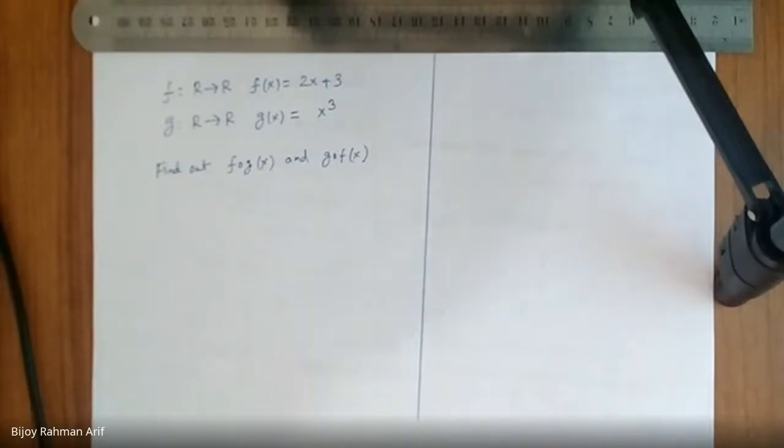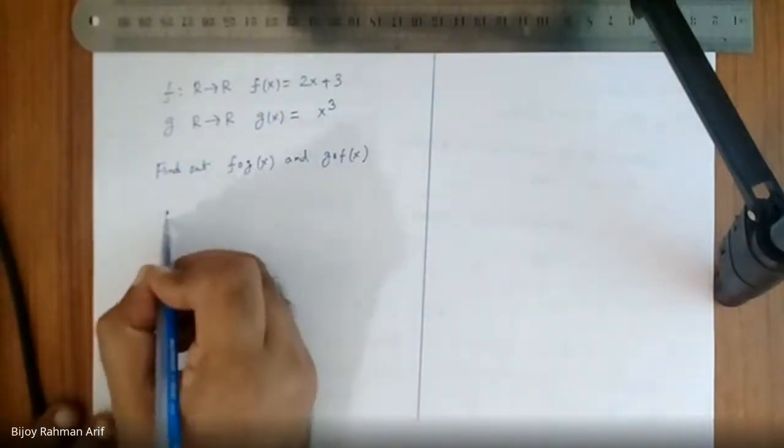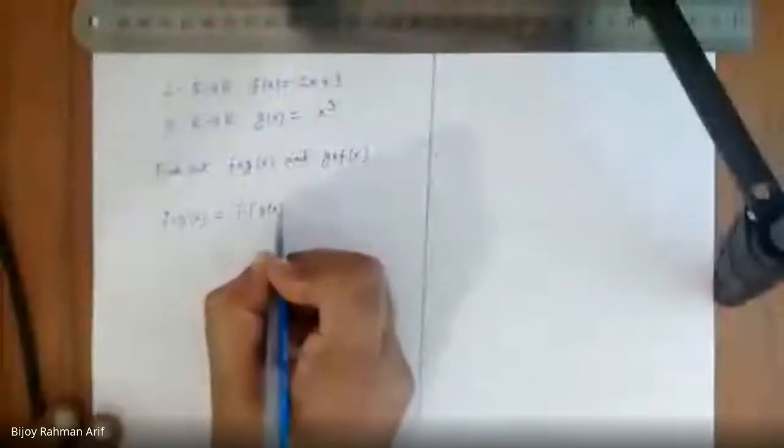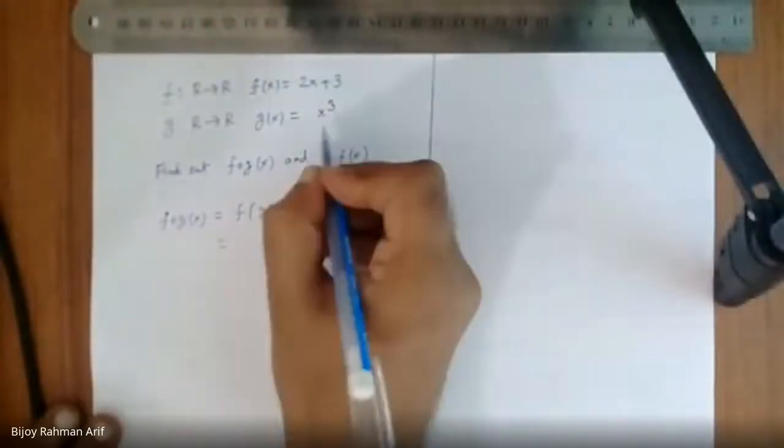Done. Now tell me, what would be f of g of x? 2x cube plus 3. So this is nothing but f of g of x. Now what is g of x?